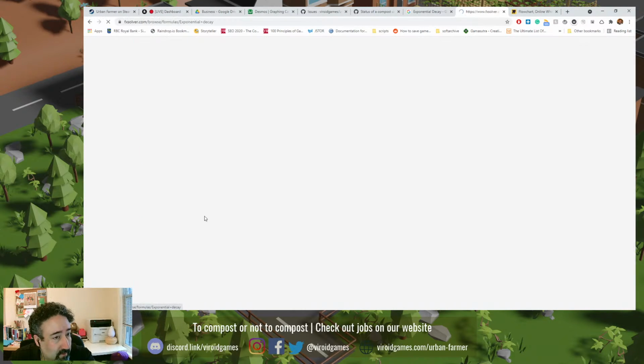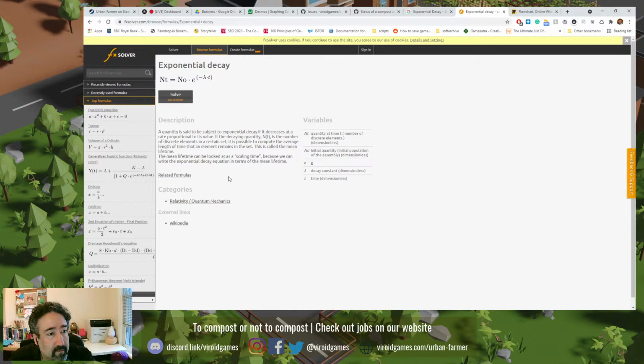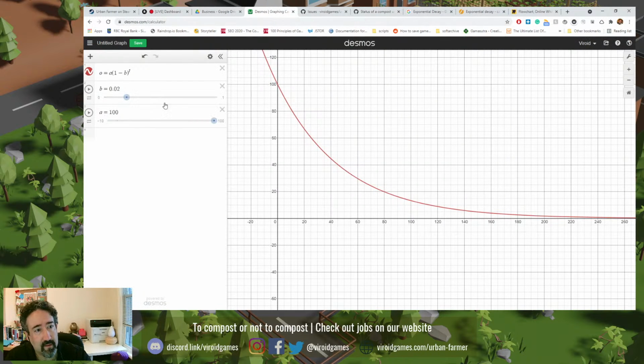Exponential decay calculator. Let's try this other one. Here's time. Here's a lambda value, the decay constant. In essence, we define a different constant in our two different equations.